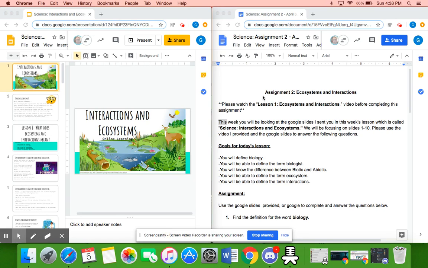Now, what it says is Assignment 2, Ecosystems and Interactions. So please watch Lesson 1, Ecosystems and Interactions, which is what I just showed you, me going through the slides and explaining some of the stuff that we're doing. This week you'll be looking at the Google Slides I sent you, called Science and Interactions: Ecosystems.